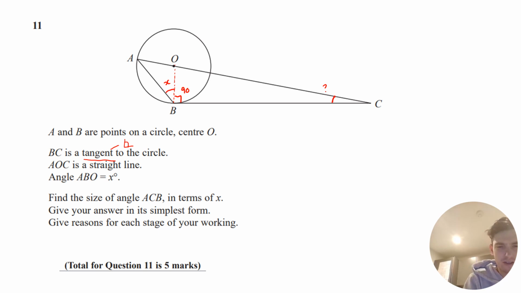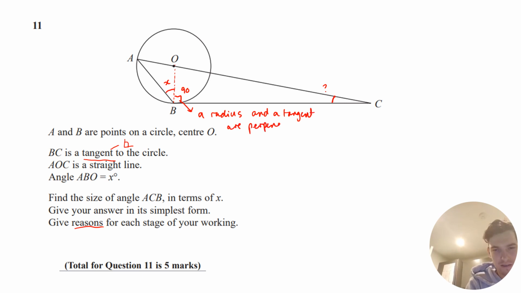But it says in the question, give reasons for each step in your working. So I need to say why that is. So I'm going to say a radius and a tangent are perpendicular to each other. That's good enough for a reason.